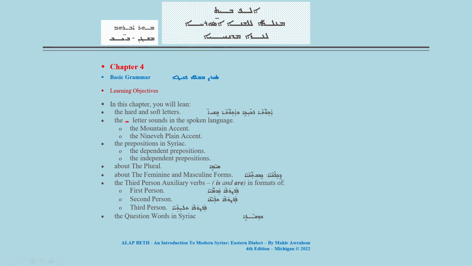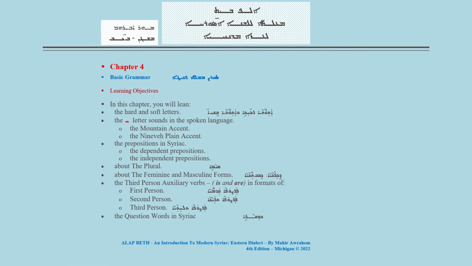Also, we're going to talk about the plural and the feminine and masculine forms, and we're going to start talking about the third person auxiliary verbs, is and are. For example, he is, she is, they are, in the format of first person, second person, and third person. Why do we need this?